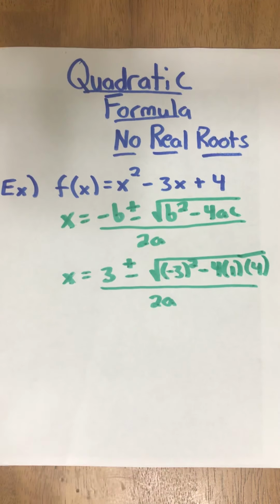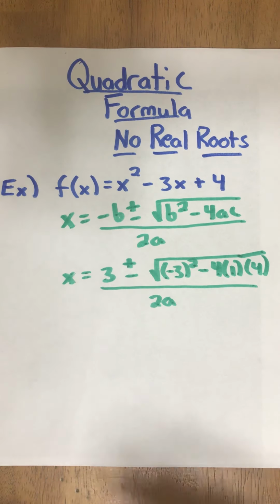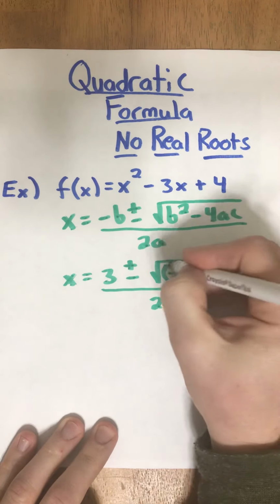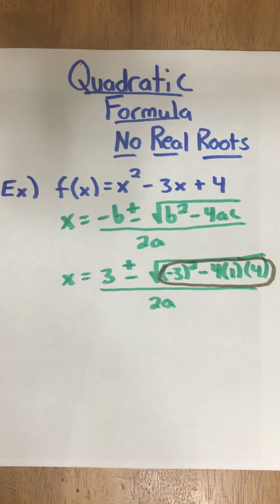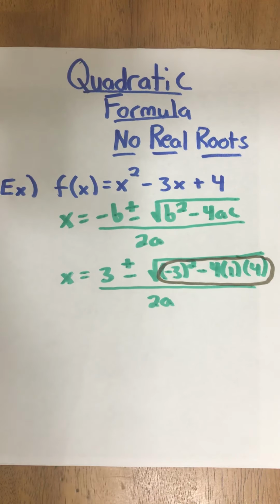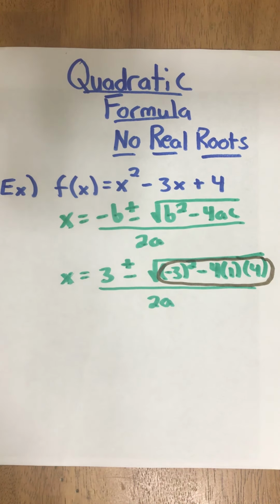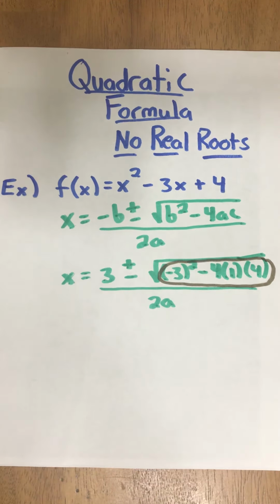All right, so just like we did last week, once we've gotten the values substituted in, we're going to put this piece right here into our calculator. Now, we'll learn more official terms later, but this piece right here is actually what's called the discriminant. We'll talk about that in some later lessons. But in our calculator, we're going to type in negative 3 squared minus 4 times 1 times 4.